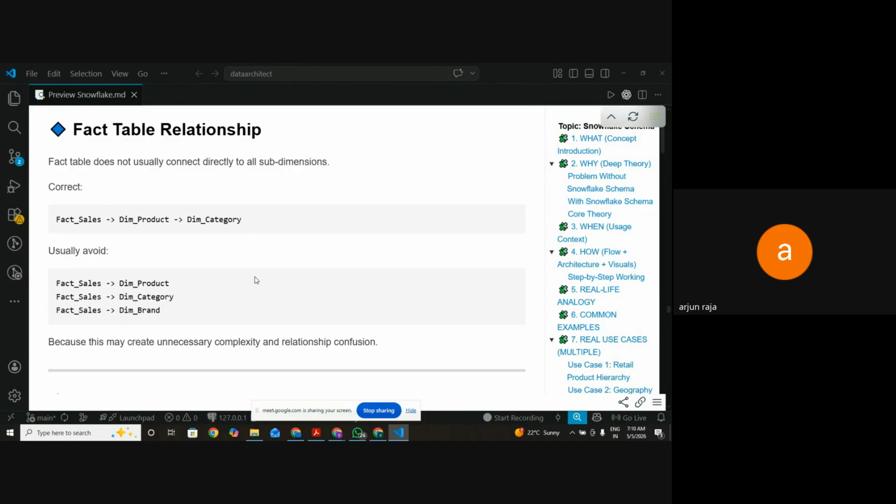Usually avoid connecting fact sales directly to dimension product, dimension category and dimension brand, because this may create unnecessary complexity and relationship confusion.